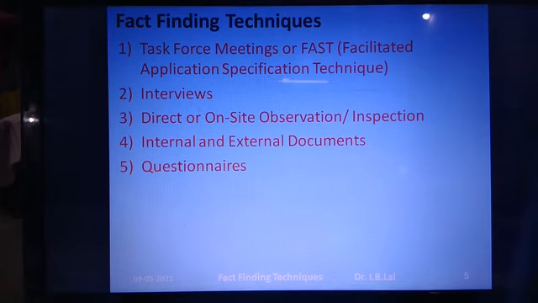Third is direct observation or direct inspection, also called on-site observation or inspection. Then many documents are studied, which may be classified into internal documents and external documents like bills, receipts, manuals, and so on. And finally, questionnaires, a very good technique to gather information. One by one we shall study every fact-finding technique.